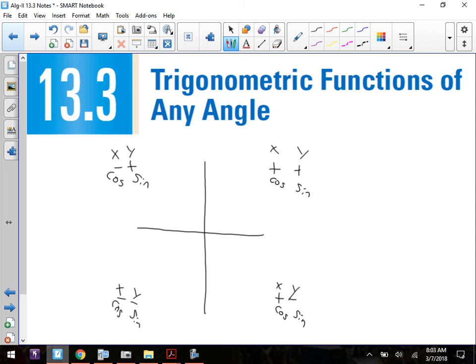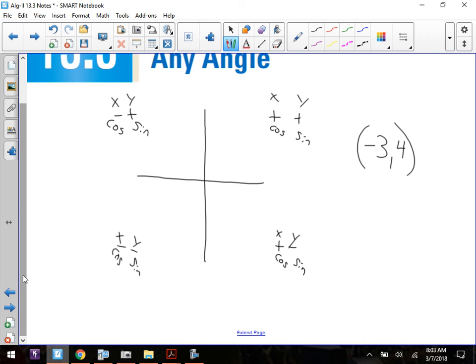For example, if I say that we have an ordered pair of -3 and 4. If I have an ordered pair of -3 and 4, what quadrant does that go into? Second quadrant. Very good. So what I would do, it's placed right there.